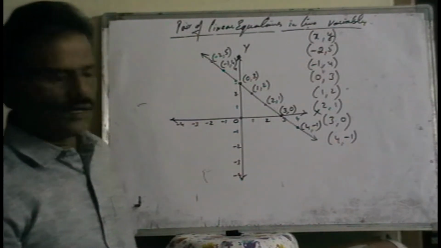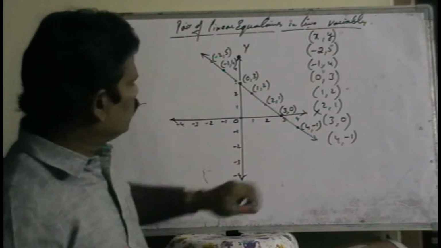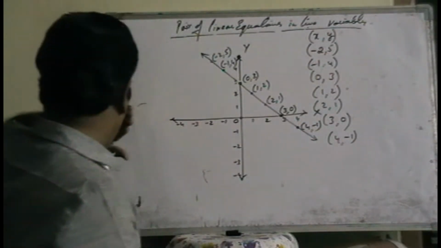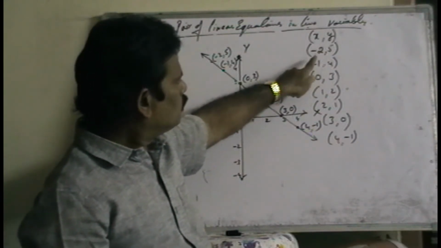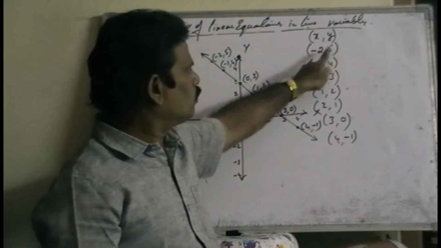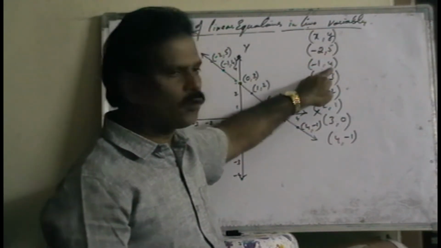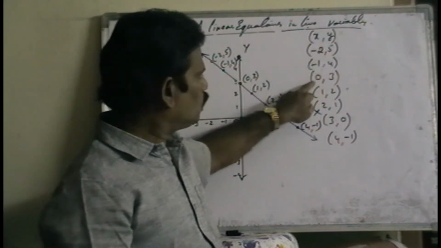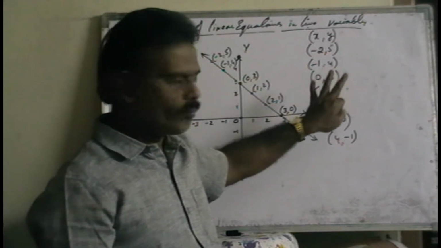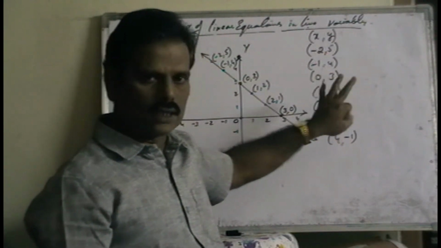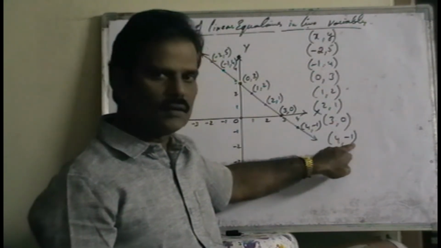Now all these points satisfy one condition. Minus 2 plus 5 is 3. Minus 1 plus 4, 3. 0 plus 3, 3. 1 plus 2, 3. 2 plus 1, 3. 3 plus 0, 3. 4 plus minus 1, 3.